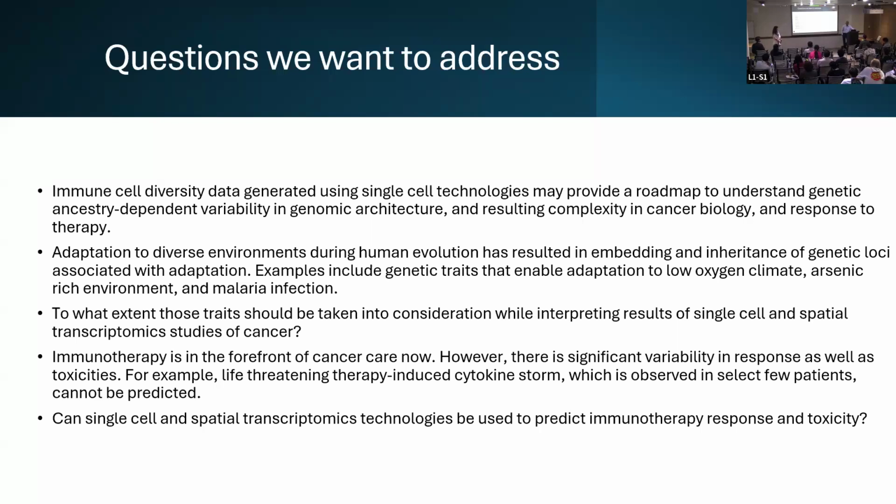So they are protected against malaria, but if they get breast cancer, their breast cancer tends to be much worse. So to what extent should we take into consideration the many adaptive traits that are in the literature in the cancer field? That is a question we need to be addressing sometime. Any thoughts on that?